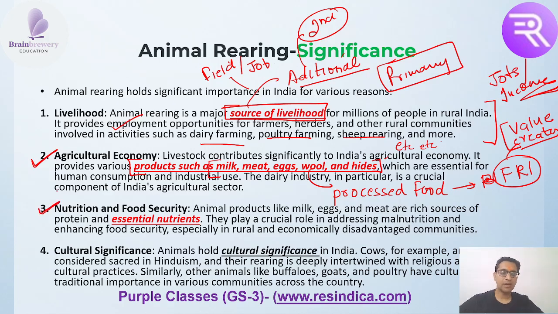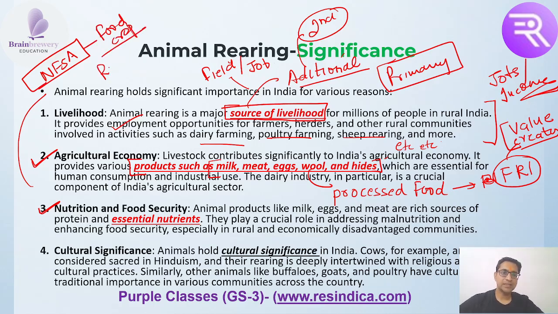In our country we are especially focusing on the national food security mission, which normally focuses on food crops, like rice and wheat, but we are not exactly aligned towards a proper essential nutrition balance. Animal rearing provides us with meat, milk, eggs, wool, hides.